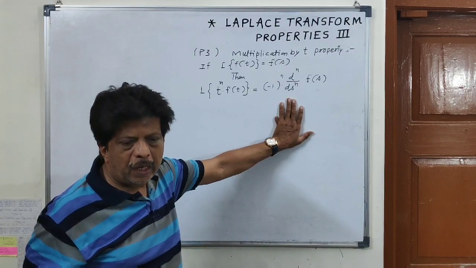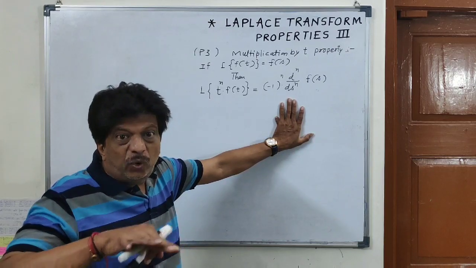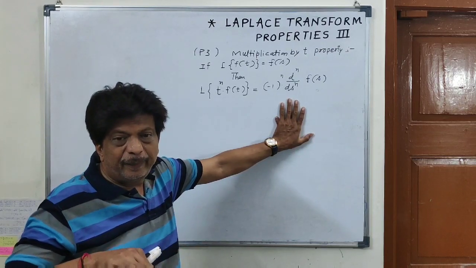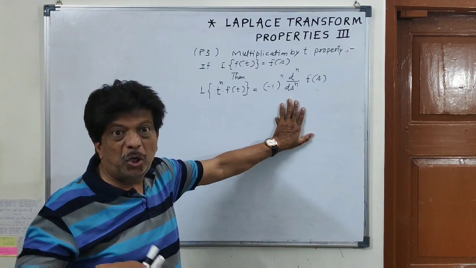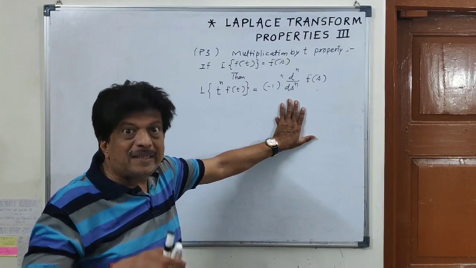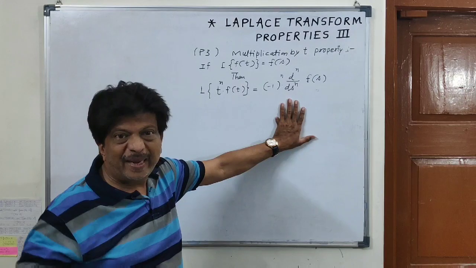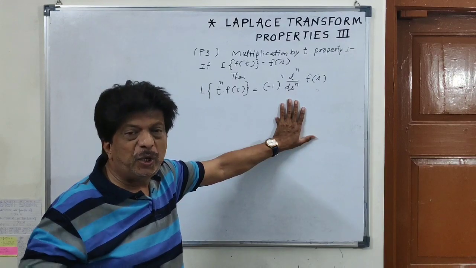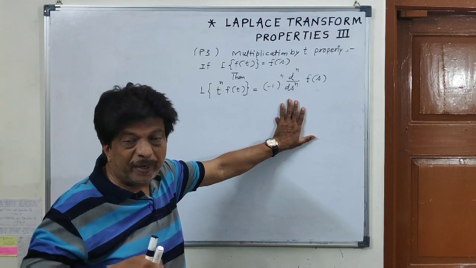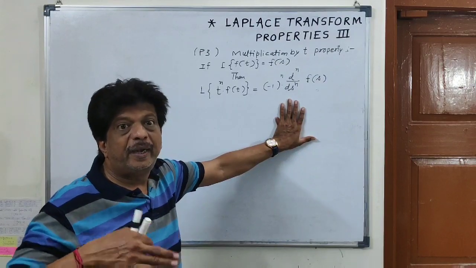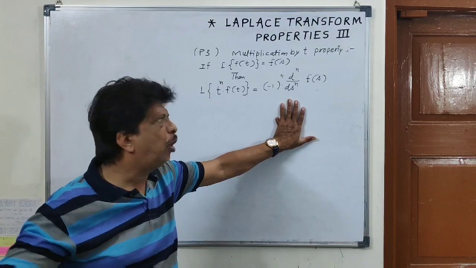If n is equal to 1, Laplace transform of t into f of t is minus 1 d/ds of F of s. If n is equal to 2, Laplace transform of t square into f of t is minus 1 square, means it is positive, into second derivative with respect to s of F of s, F double prime of s, and so on.